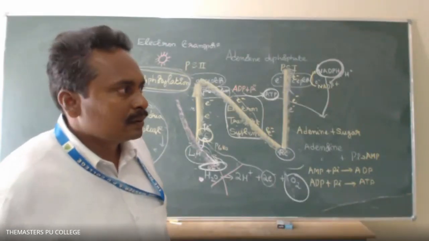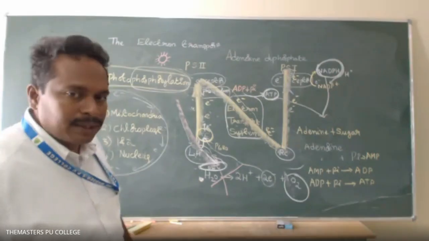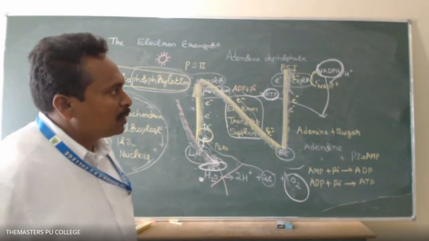So portions are up to here. Portions for the test are also included till the synthesis of ATP. The detailed concept of how the ATP molecule is finally synthesized is there.